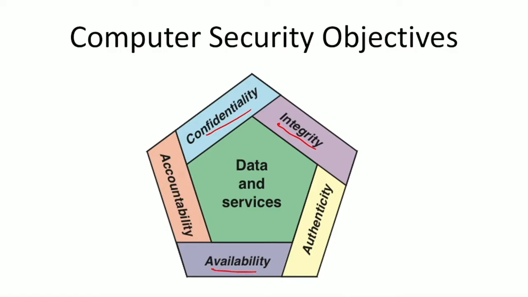Although the use of the CIA triad to define security objectives is well established, some in the security field feel that additional concepts are needed to give a complete security picture. Two of the most commonly mentioned are accountability and authenticity. So now let's look at each of these 5 security objectives.